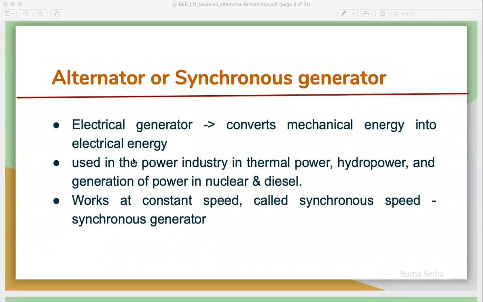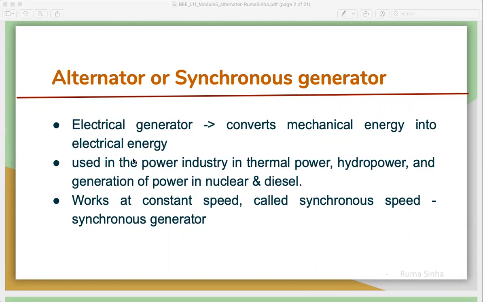What is a generator? An electrical generator is basically a machine which converts mechanical energy into electrical energy. This alternator is used in the power industry, in thermal power plants, hydro power plants, and also in nuclear and diesel generation. As I said, it works at a constant speed so that the frequency of the generated EMF is constant.